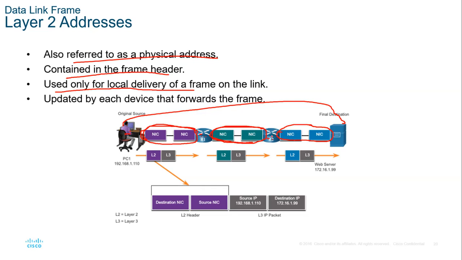Even when router 2 receives it, it replaces the MAC address again, but the IP addresses remain the same. That's why this color remains the same, while layer 2 keeps changing, meaning there is a replacement.